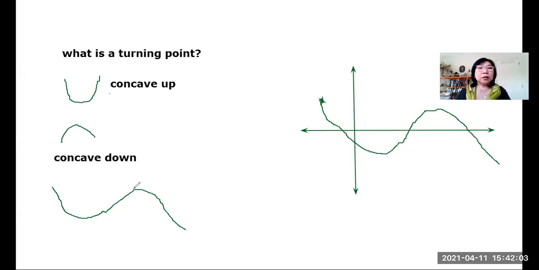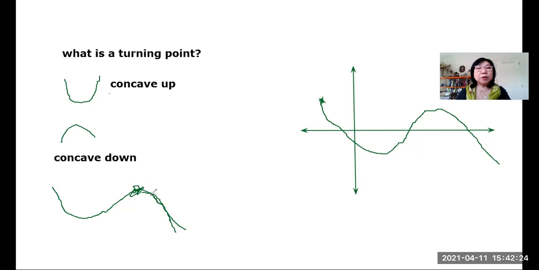Concave down. And now, start from here, no, sorry, all the way from here to here is concave up, right? And then start from this point, you can see that it goes down, it looks like concave down, right?